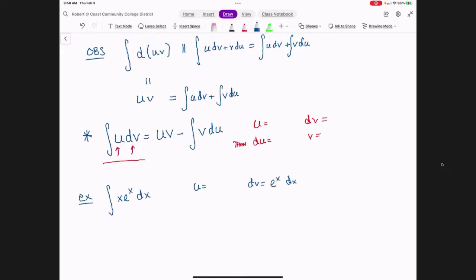One choice I could make would be this. The dx is always going to go with the dv. Now you find du, and that's just going to be dx, and v is now just going to be e to the x. Now we'll save the plus c till the very end of the problem. Let me write that down. Save plus c till the end.